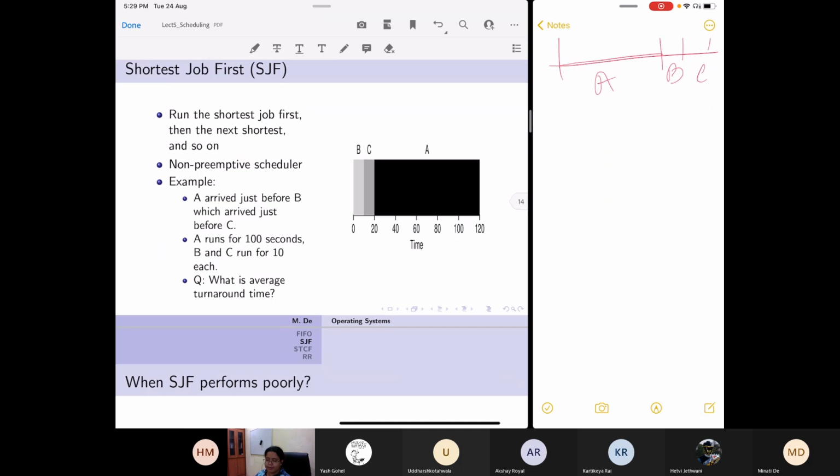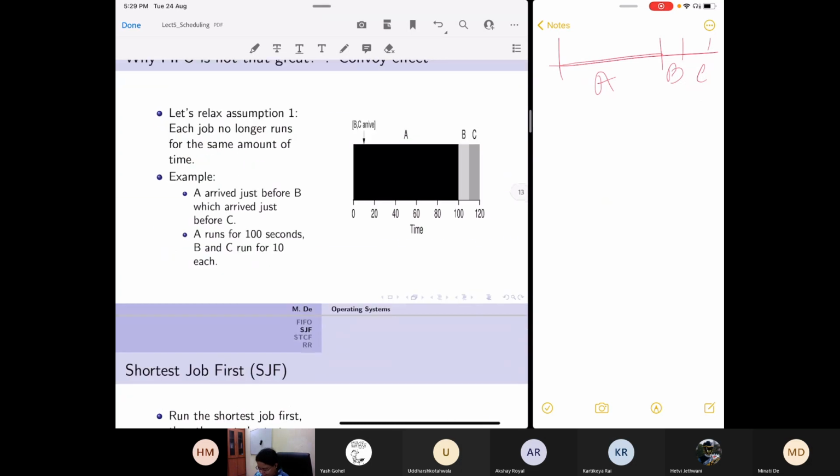Can you construct some example? Example means, of course, you need to construct some processes with some times, right? When they are coming, and what is the amount of time they need to work, and according to your SJF algorithm, how you are going to schedule them.